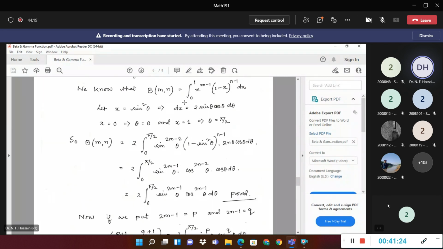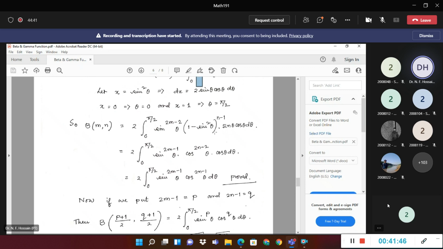Okay, so now the integral becomes 2 into integral 0 to pi by 2 sine to the power, okay, x equal to sine square theta, so the power of sine should be 2m minus 2. Yes. And here 1 minus sine square theta whole to the power n minus 1. And the value of dx is 2 sine theta cos theta d theta. 2 remains outside. Now we adjust the powers here. Sine to the power 2m minus 2 theta, and there is another sine theta.